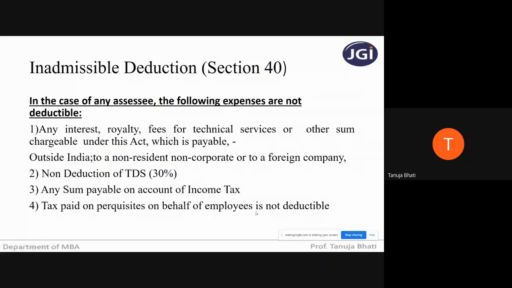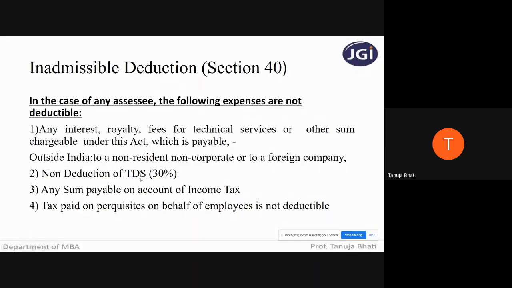In that case, that particular expense is not allowed to be deducted when calculating profit under the head business or profession. So these are the list of expenses which are totally disallowed if these criteria are met.